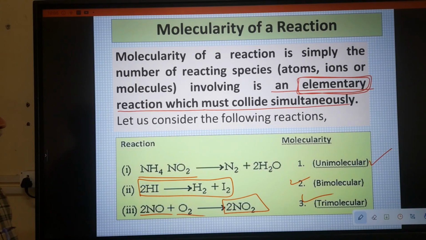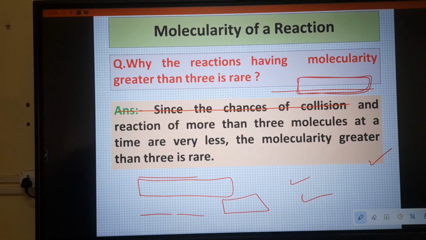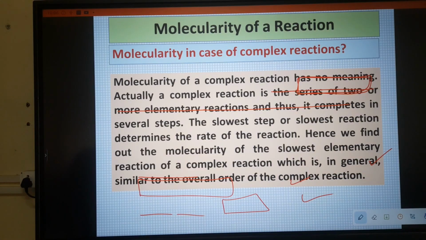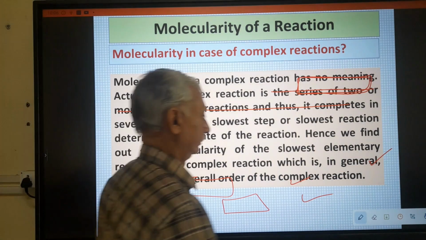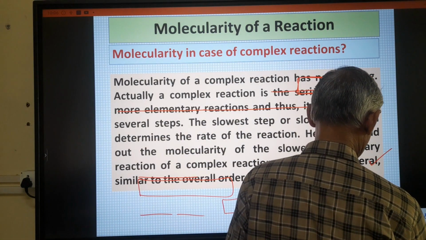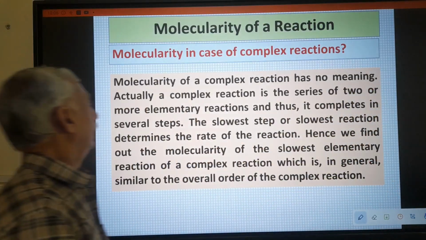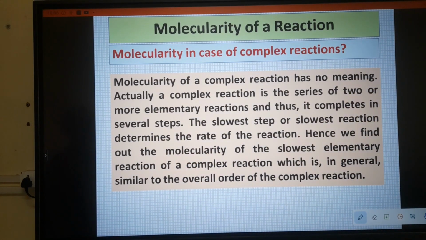So the difference between order of reaction and molecularity of the reaction is also asked. As I told you, molecularity is meaningful for elementary reactions. It has no meaning for complex reactions.